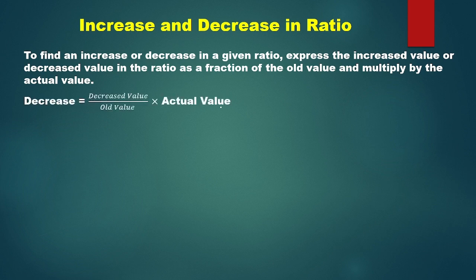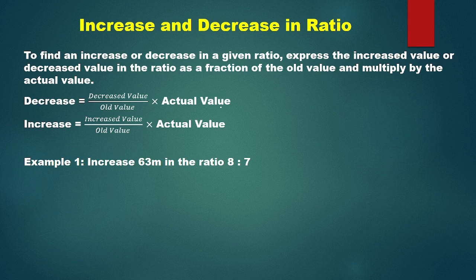So look at the ratio. The one that is smaller, that's the decreased value, over the bigger one, the old value, because we are reducing the old value to become lower. Multiply by the actual value. Then if you are to increase, it is the increased value over the old value multiplied by the actual value.